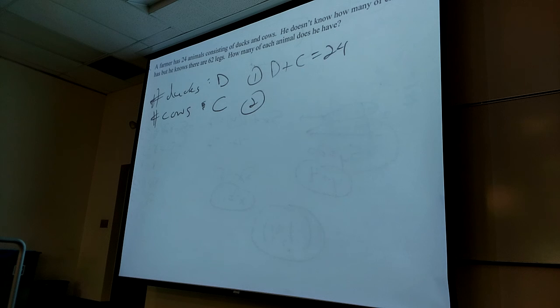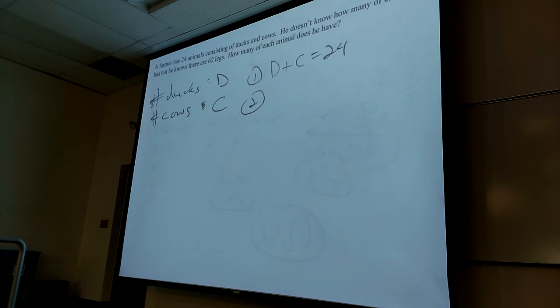Now, please tell me that you know how many legs. We're going to assume that all these animals are healthy, none of them have any amputations, and they weren't born with an extra leg or something. That's a good assumption we have to make. For every duck, how many legs? 2.